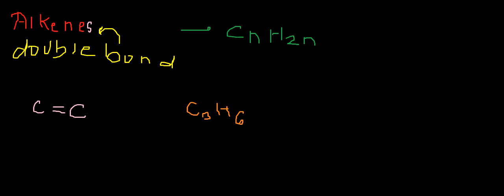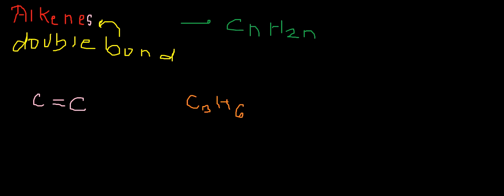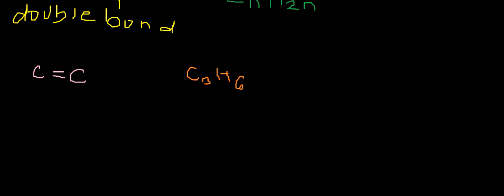So we have three carbon atoms, and we have 6 hydrogen atoms. I'm using yellow color for hydrogen. And the structure is just like this for C3H6.